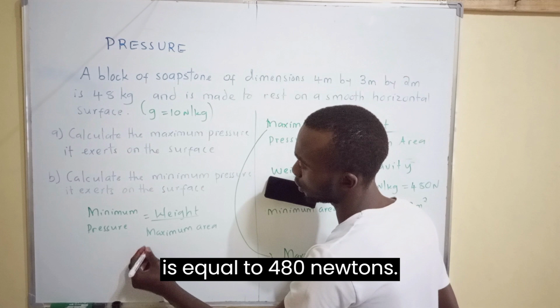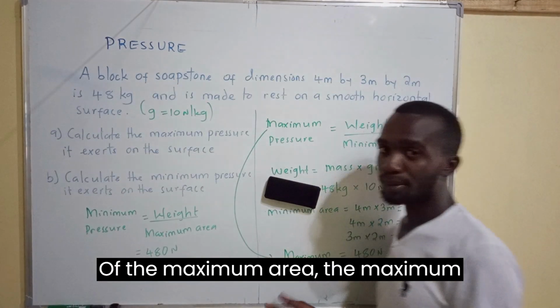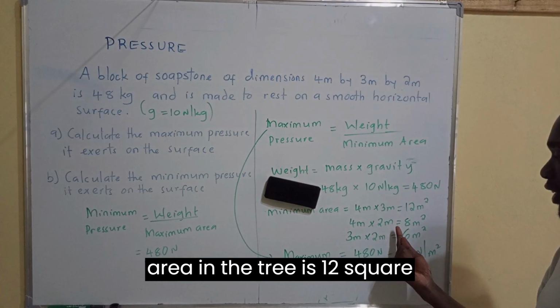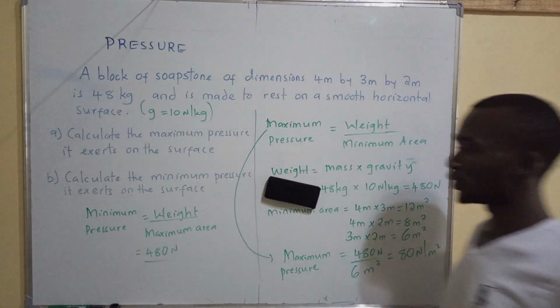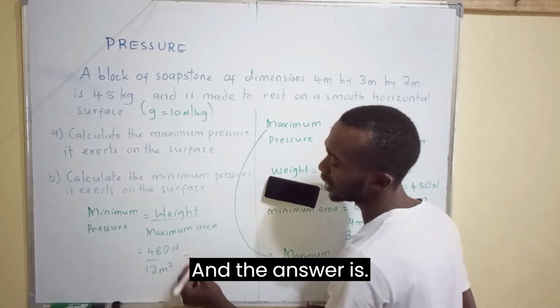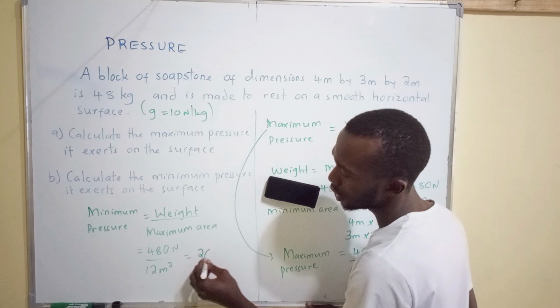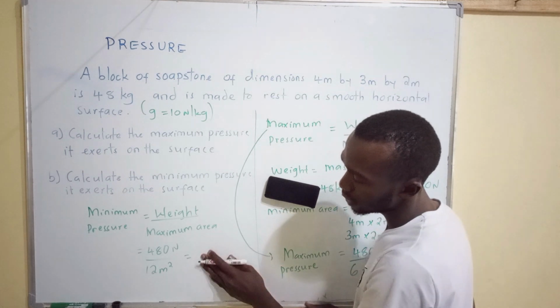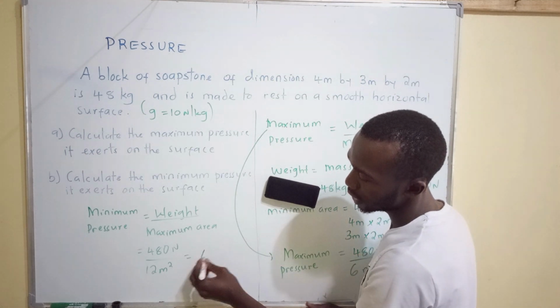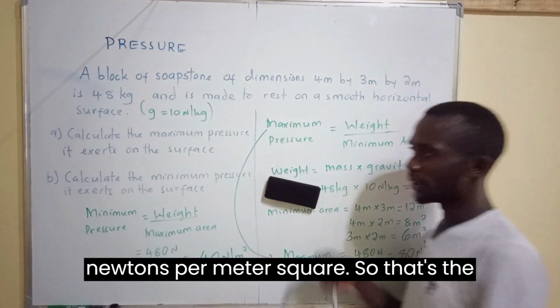So this is equal to 480 newtons over the maximum area. The maximum area of the 3 is 12 square meter. And the answer is 40 newtons per meter square.